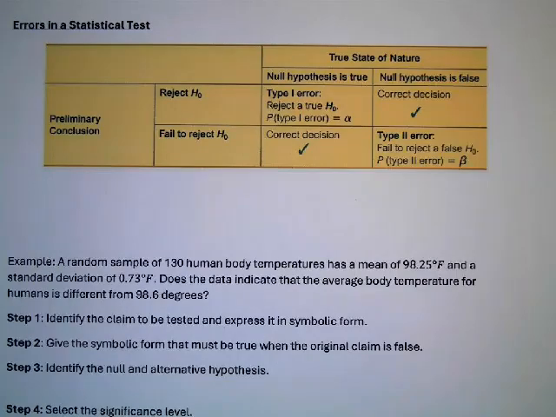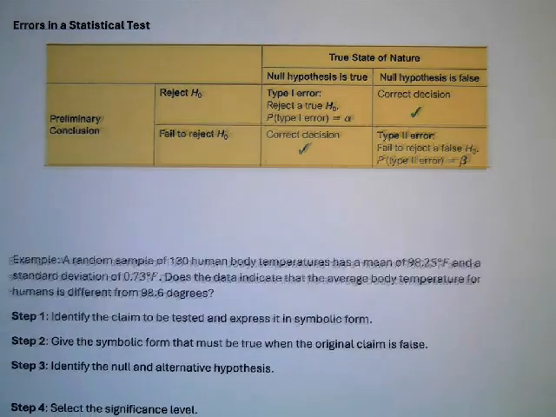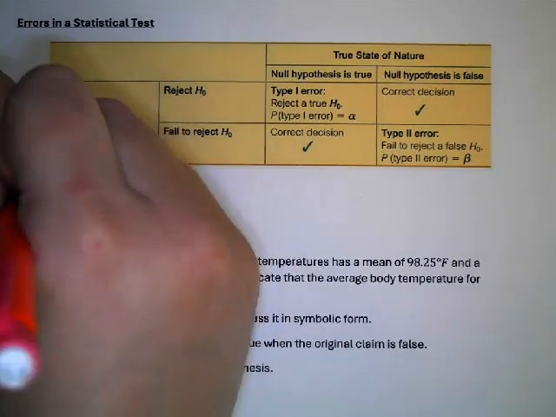Okay, so the type 1 error is that you reject the null hypothesis.